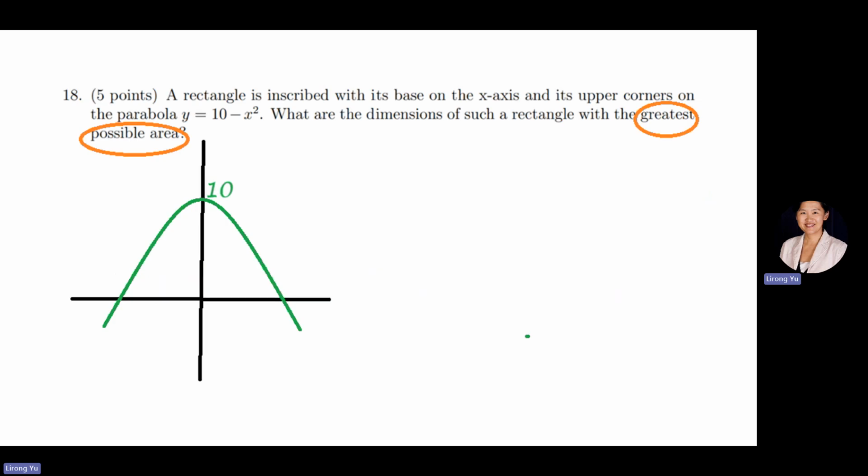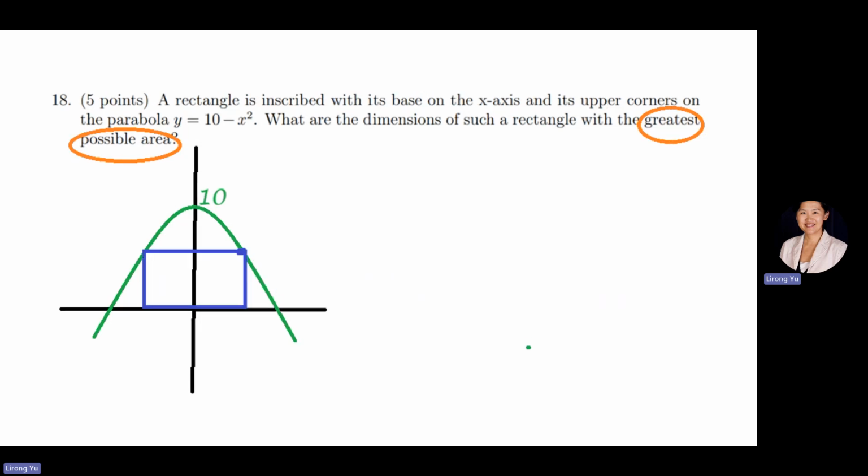All right, so if we want to find the greatest possible area, first you have to draw the rectangle that is being described in the question. It's a rectangle that's inscribed with the base on the x-axis and the upper corner on the parabola, the graph of y equal to 10 minus x squared. So I draw the parabola right here in the picture, and this is the rectangle.